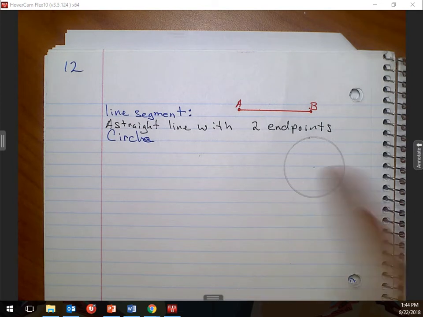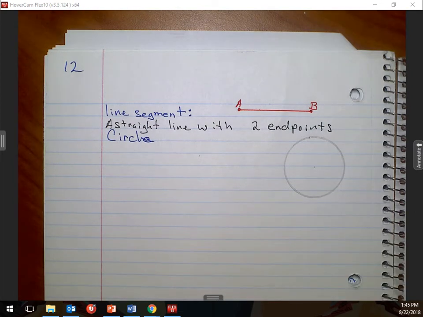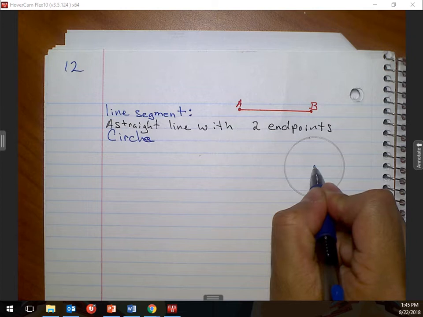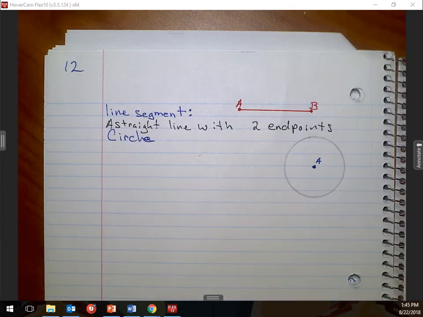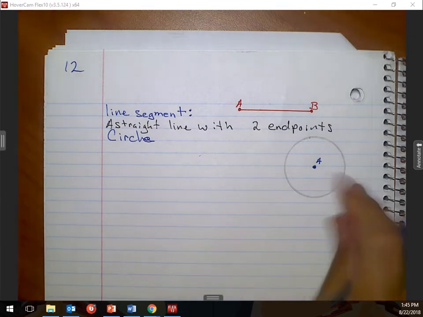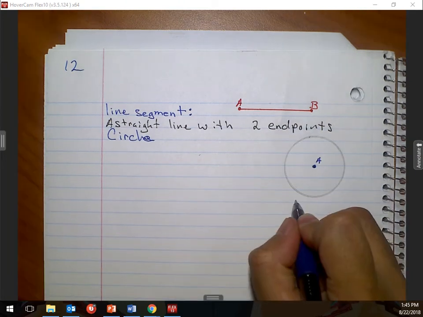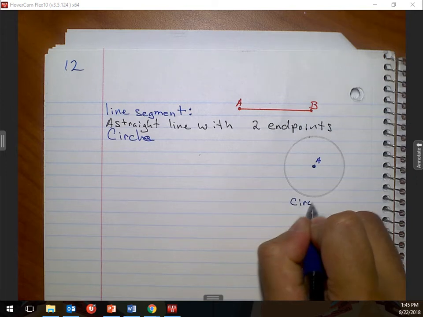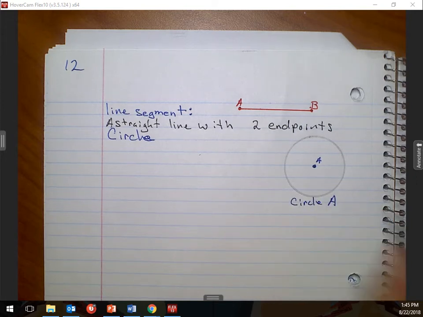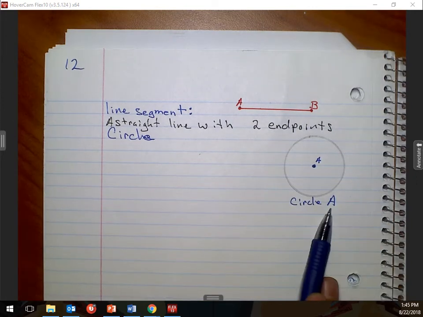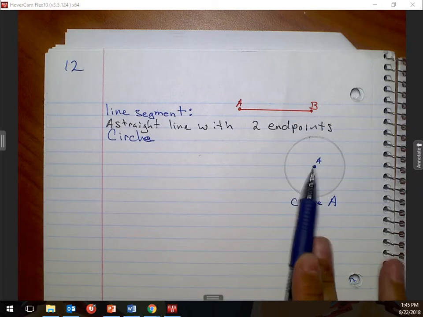What am I going to mark that stabby point? Point A. Okay, you want to call it A? Very good. Let's call it A. So that means this whole circle would be called what? Circle A. Very good. Circle A. Because we label a circle by the center point. The point right in the center.